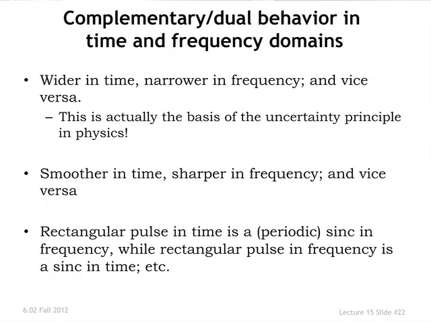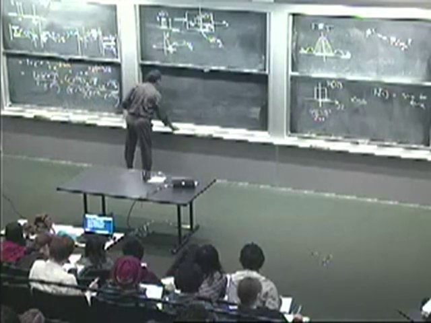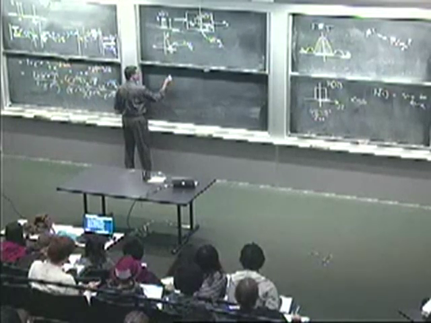Now, just to step back and point out, what we're seeing here are some properties that are inherent to Fourier transforms. It's typically the case that if you've got a signal that's wide in time, it's narrow in frequency. And if you make it wider in time, it gets narrower in frequency. In fact, as I mentioned up there, the uncertainty principle in physics really comes from this result.